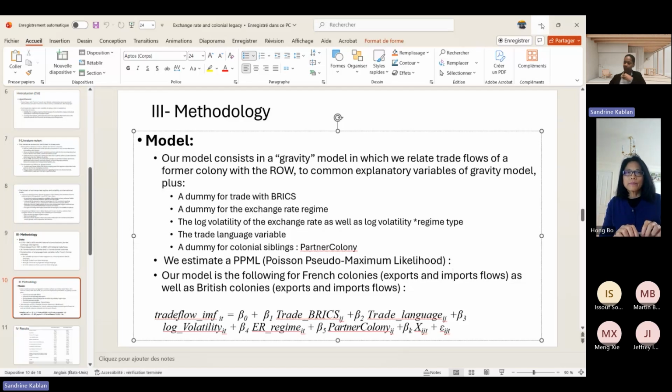For example, considering trade on raw material, on natural resources, on industrial manufacturing products, and so on. Okay, so this is something that we thought about, but for the current data we have, we are not able to disentangle between the components of trade flows.